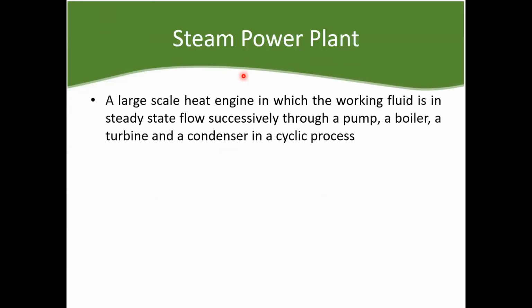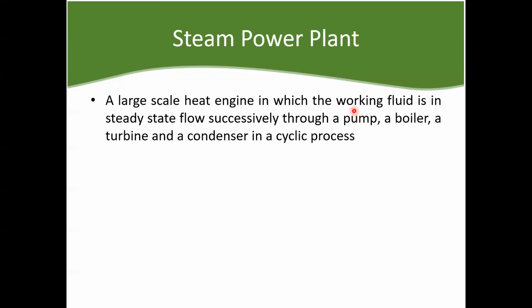So in a steam power plant, a large-scale heat engine in which the working fluid is in a steady state flow, it successively flows through a pump, boiler, turbine, and condenser in a cyclic process.